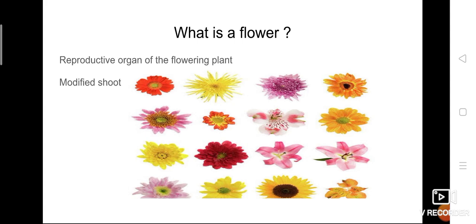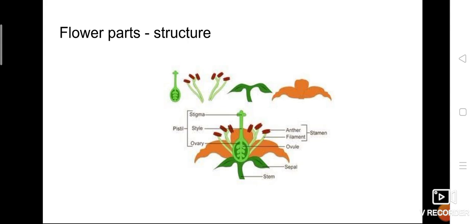The sexual reproductive organ in plants is nothing but the flower. As I said, a flower is a modified shoot. It is a part of a shoot which gets modified to form a reproductive organ and perform the function of the reproductive organ.